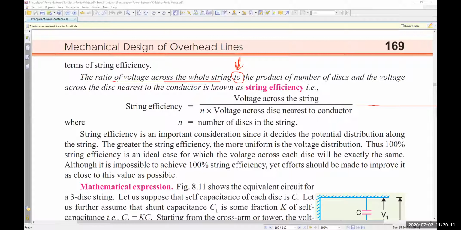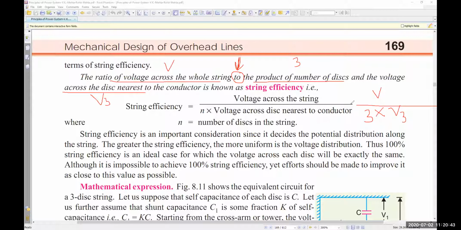So they said the ratio of voltage across the whole string, that means V, and to the product of number of discs, that means 3, and the voltage across the disc nearest to the conductor, that means V3. So V divided by 3 into V3. That is the formula. String efficiency is equal to V divided by 3 into V3.